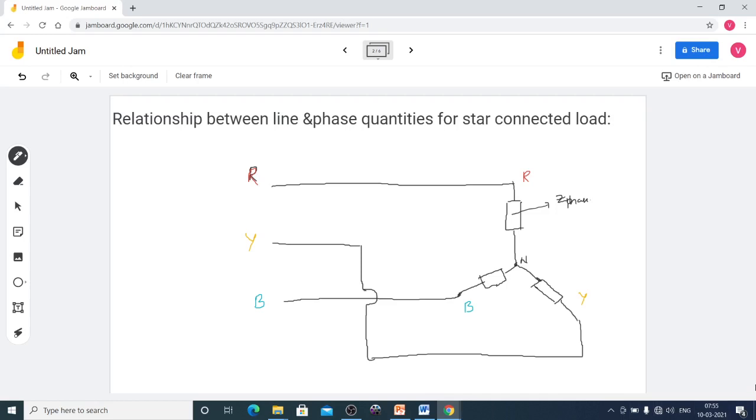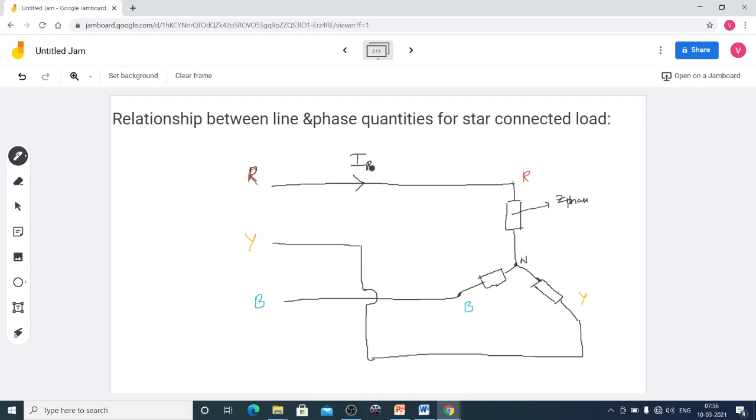In the diagram we are identifying the phase quantities and line quantities. First of all, this is the R phase. The R phase is supplying voltage, and the supplying current IR is the line current.